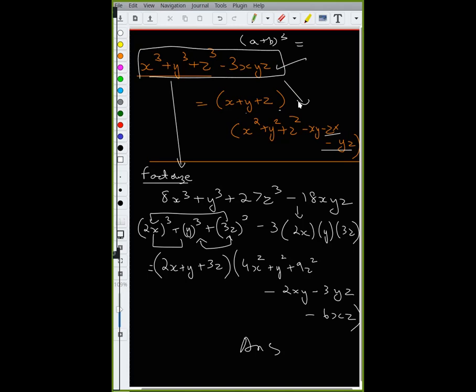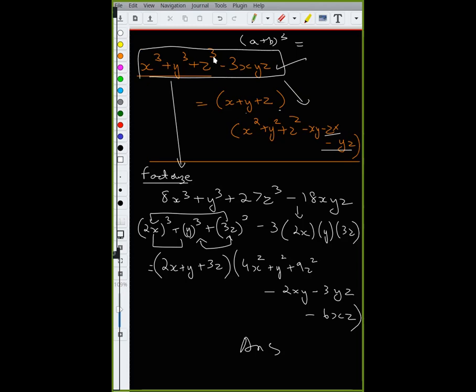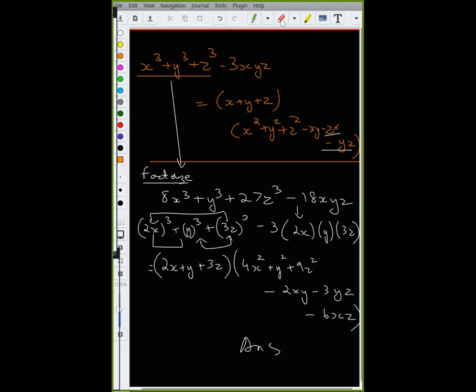The other identities are much more useful and more used rather than this one. Copy this down, everyone. This is important because we don't know what the examiner's moods are. They may give you this identity because it is a part of your syllabus. So we need to learn it.